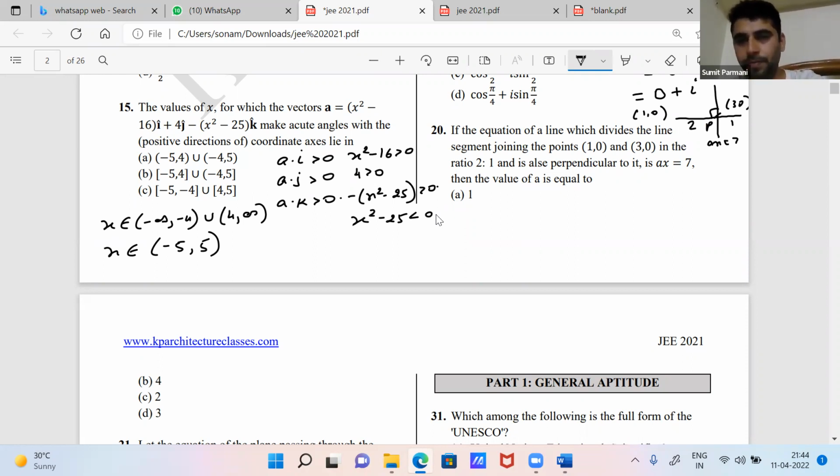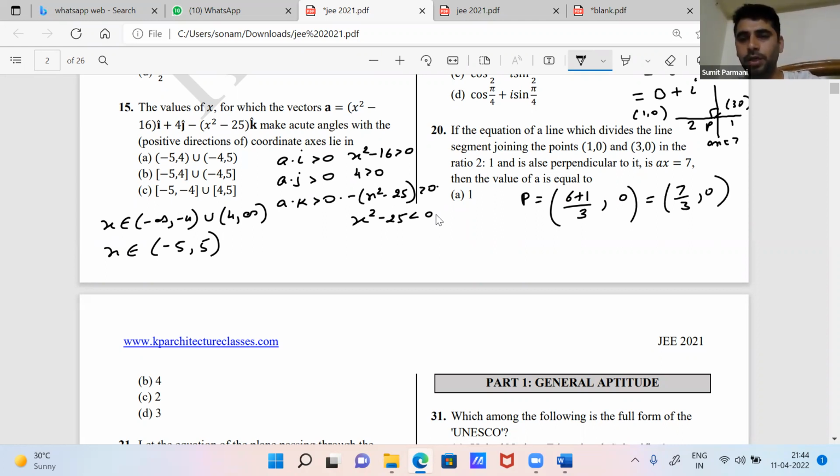So the coordinates of P are (2 times 3, that is 6, plus 1) divided by 3, comma 0. So this is 7 by 3, comma 0.